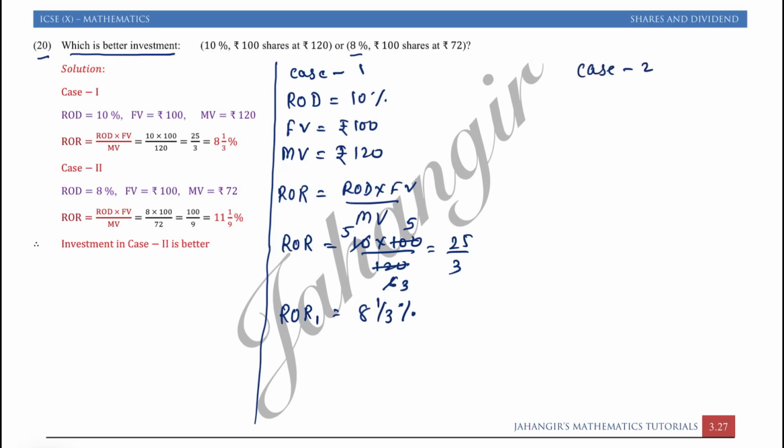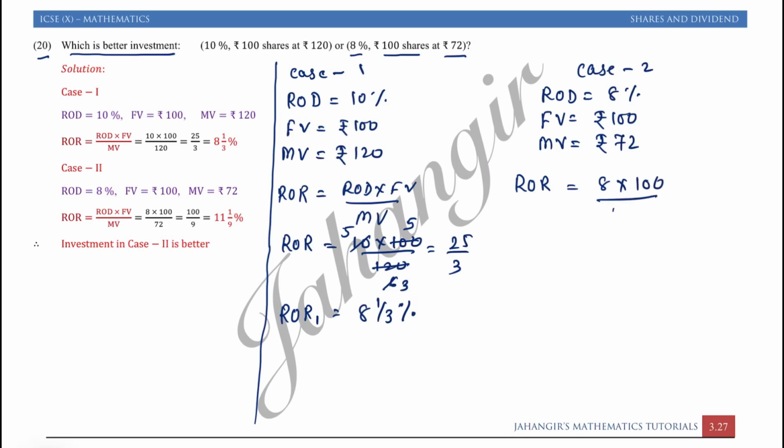In case 2 we have 8% rupees 100 shares at rupees 72, means the company is giving 8% whose face value is 100 and its market value is 72. So I can write ROD is equal to 8%, FV is equal to rupees 100 and MV is equal to rupees 72. So its ROR is ROD, that is 8 into face value 100 upon 72.